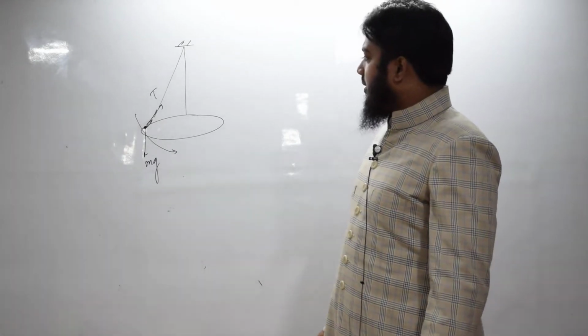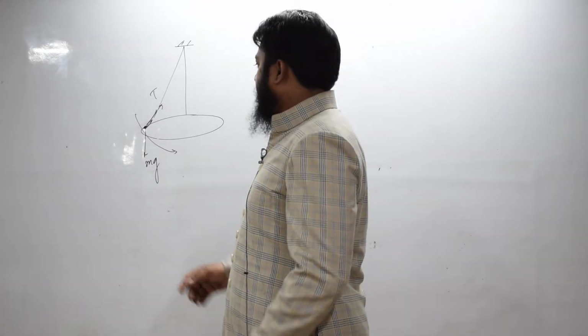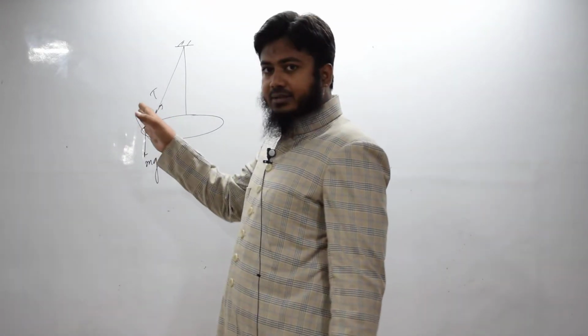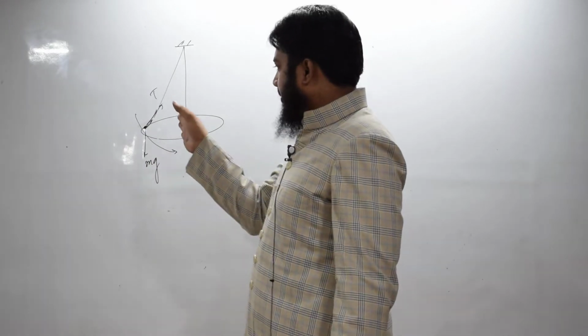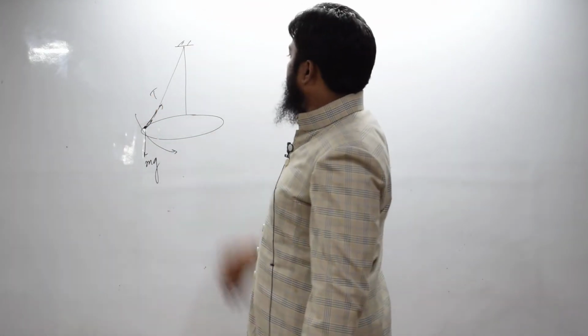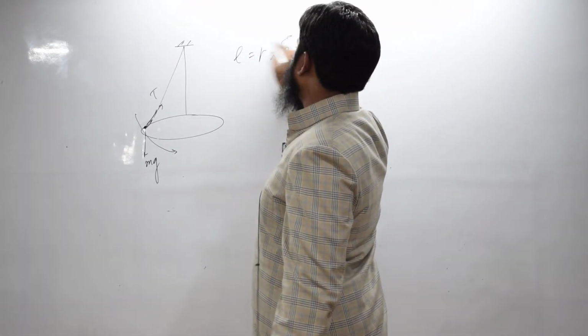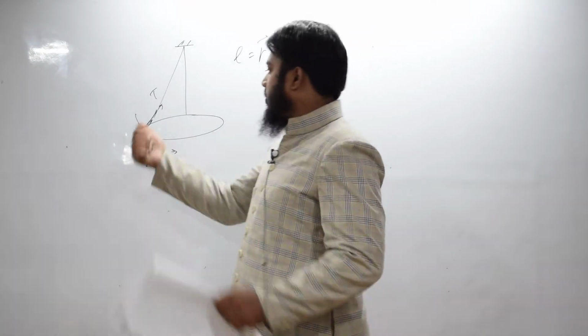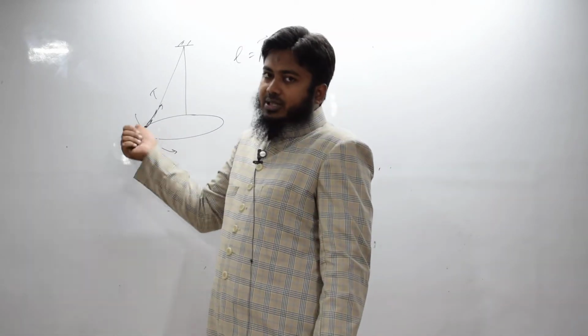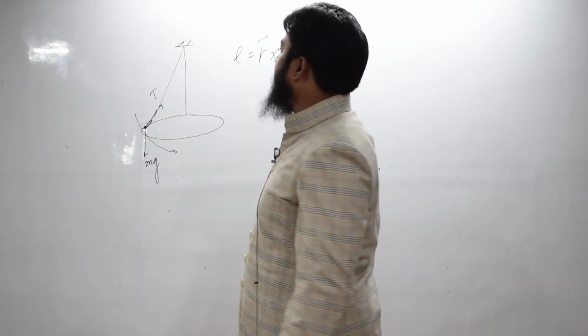Now, what about the angular momentum? Say this particle is going in, the velocity vector is inward, then angular momentum is r cross p. If the particle is going in, linear momentum p is inward, and this is the position vector.